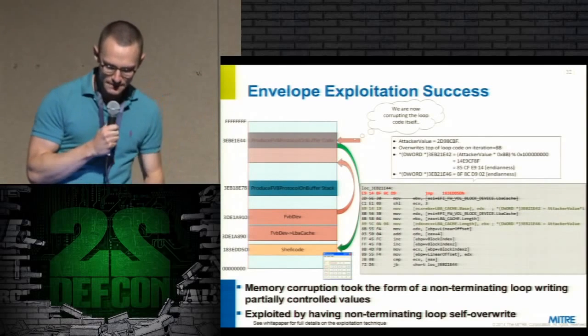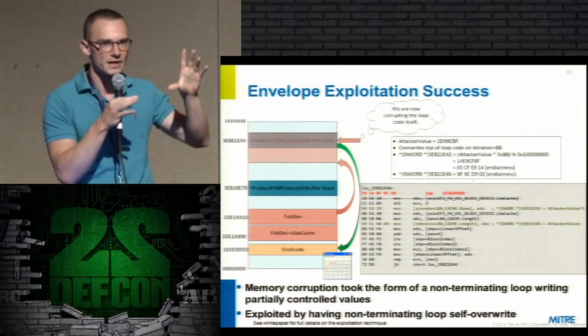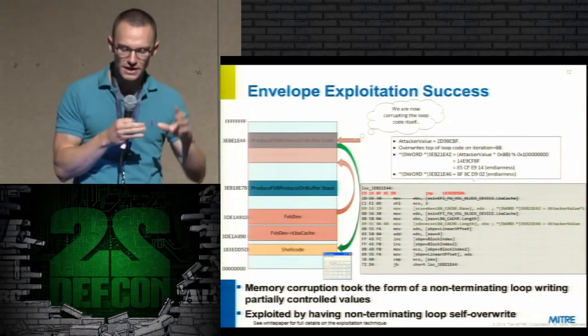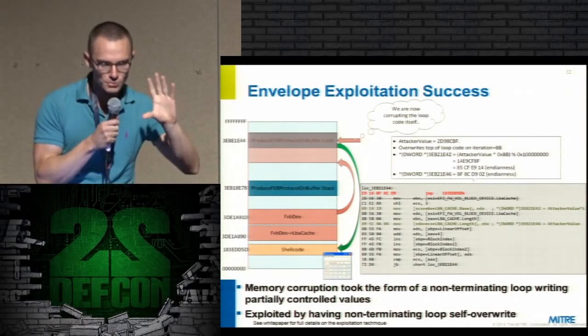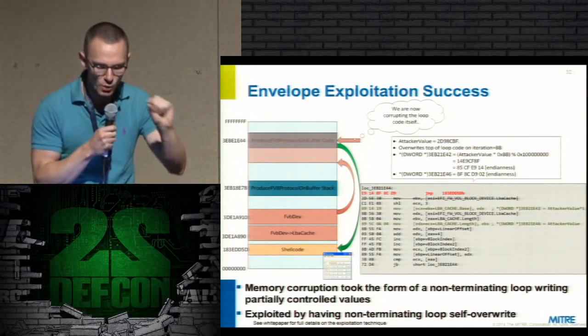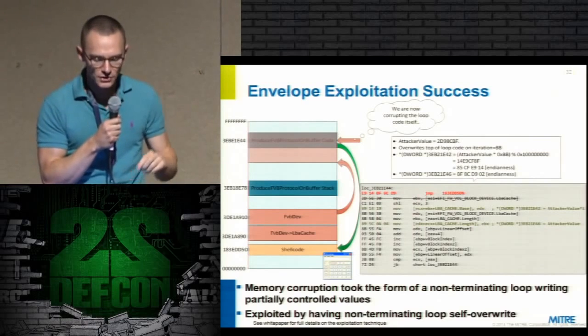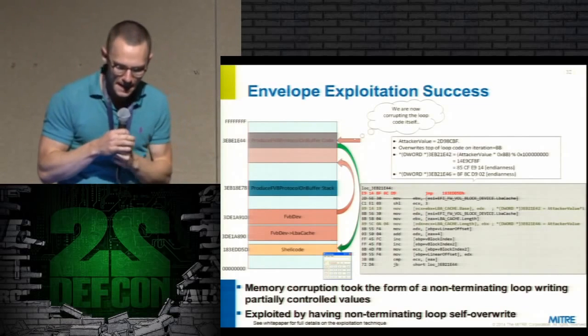And so in this case, I wrote a crazy Python script to brute force all the ways I could instantiate this vulnerability. And in one of those instances I found a case where I could instantiate it so that the non-terminating loop would overwrite itself with a jump away to a non-corrupted part of the address space that the OS could control. So that you could just jump away into OS-controlled shellcode and then we'd get our privilege escalation.